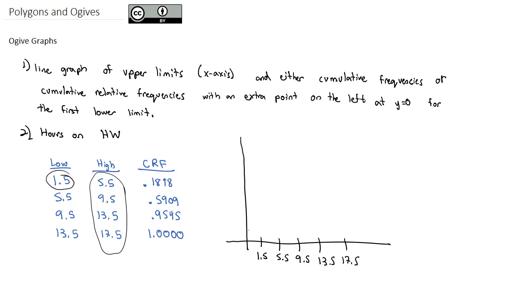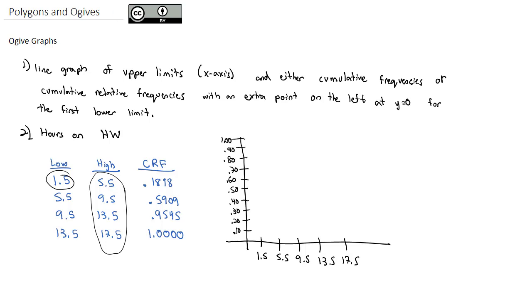And we're using the cumulative relative frequencies, so I'm going up by 0.10: 0.10, 0.20, 0.30, 0.40, 0.50, 0.60, 0.70, 0.80, 0.90, and 1.0.